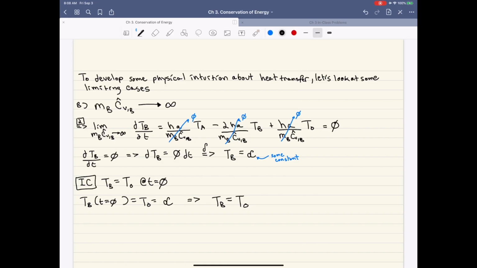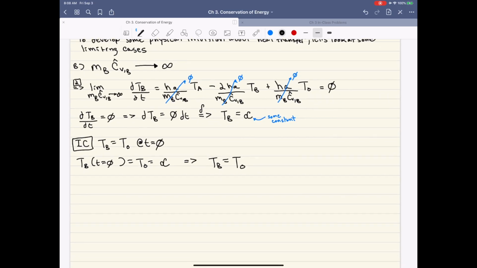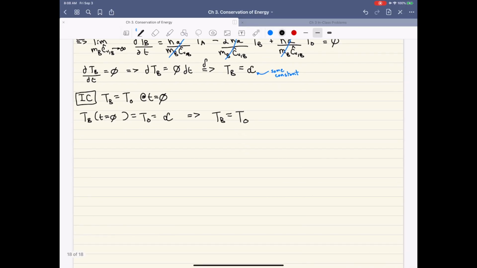But now let's think about physically what this would mean. Okay? Why did we look at a limiting case? Why is it useful to look at the product of MB CVB? Okay. And so in general, a mass or a molar amount times a heat capacity, we describe that as the thermal inertia of a system. Okay?